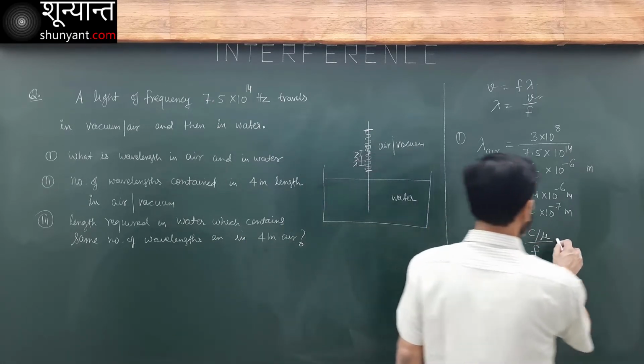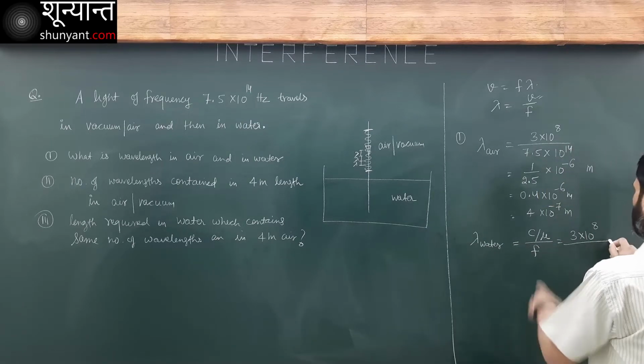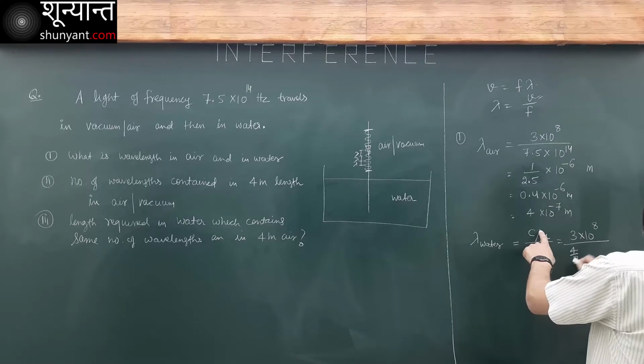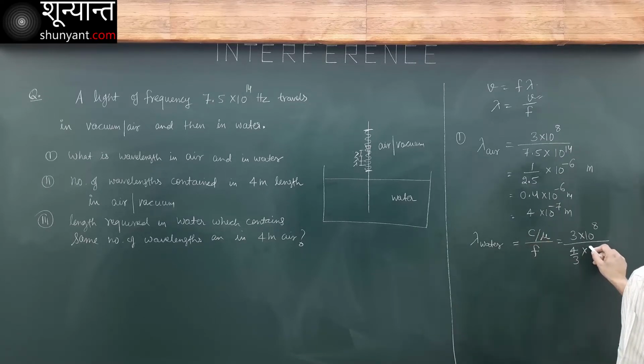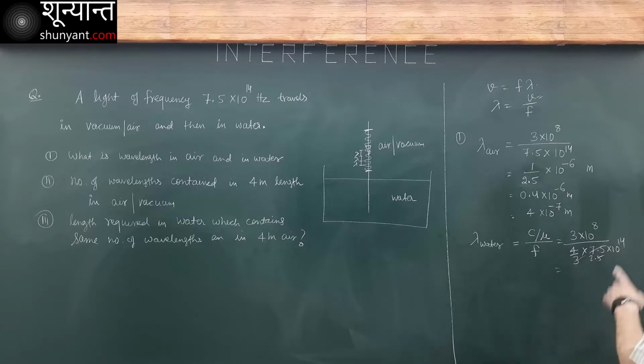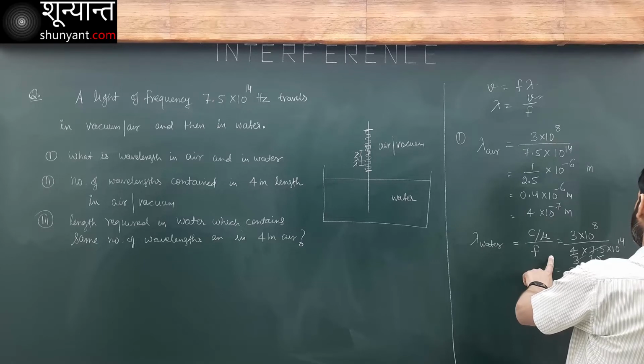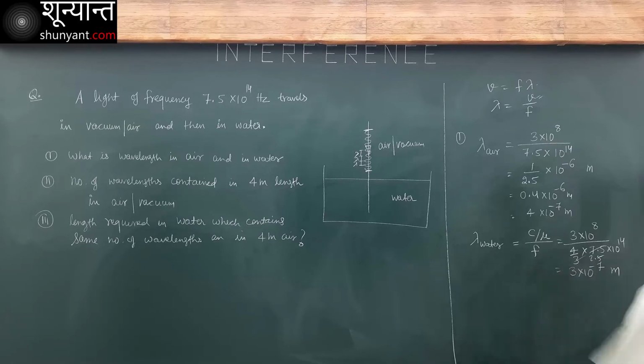This is equal to 3 into 10 power 8 divided by mu, and mu is 4 over 3, times 7.5 into 10 power 14. Let's calculate this. We are going to see something very interesting. This becomes 3 into 10 power minus 7 meter. Okay, we got this.